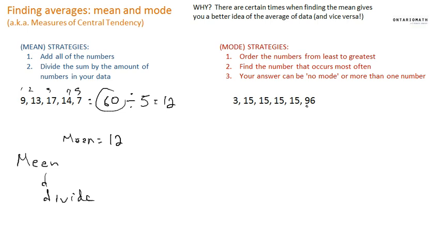If I wanted to figure out what the average score was that this person had in a game, I wouldn't bother adding them all up and figuring out the mean, when clearly 15 is the one that occurs most often. It occurs 4 times, so the mode equals 15. I see it way more times than the others.